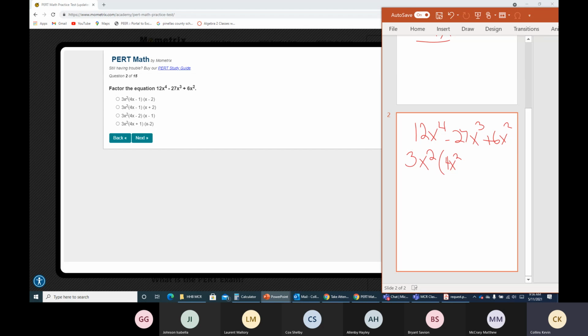And we have minus 27 divided by 3, that's minus 9. X to the 3rd divided by x to the 2nd is just x. And the last one, we've got 6 divided by 3, that's 2. And the x squareds cancel out. So there's our guy. That's really what you need to factor, this part right here. So factor that into two pieces, and that'll give us our answer.